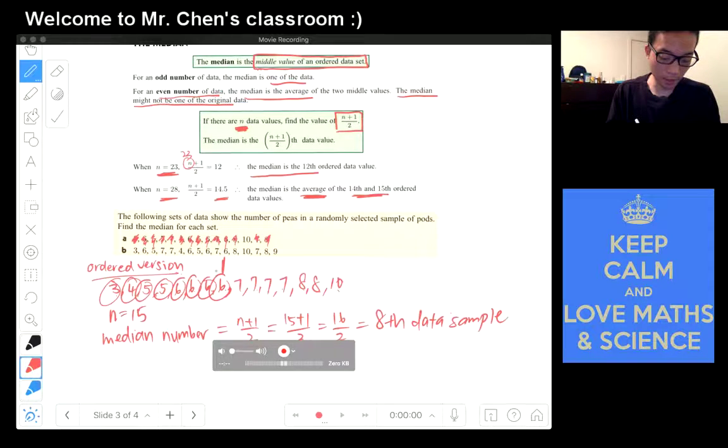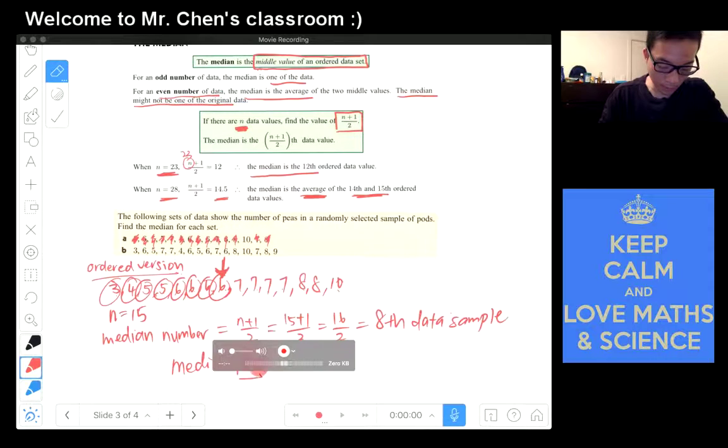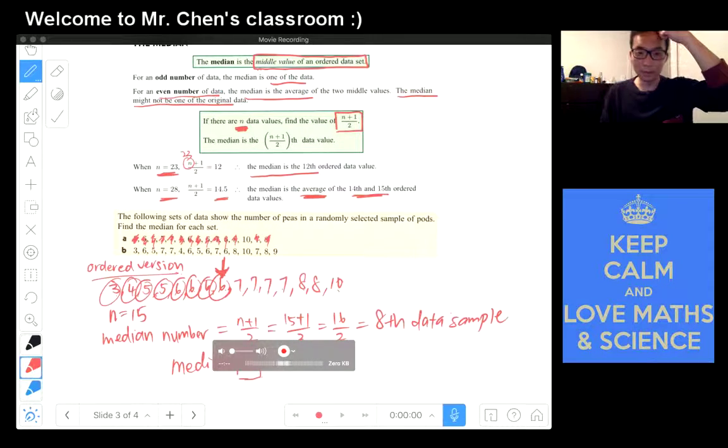So right there, your median is actually 8. Sorry, not 8, my bad. It's actually 6. There you go. Don't be like me. You actually need to focus and see what the actual number is.